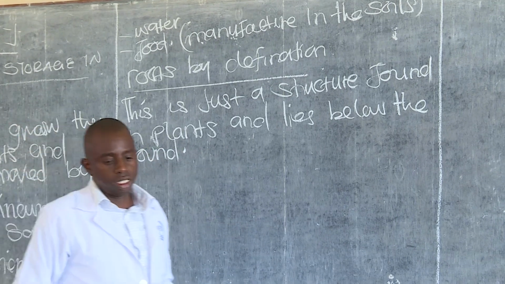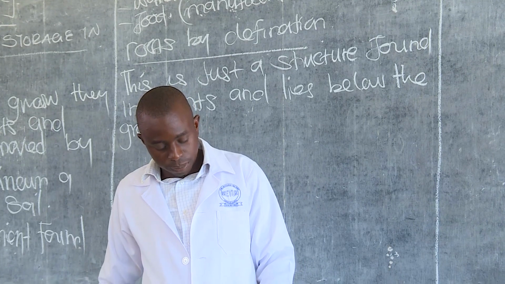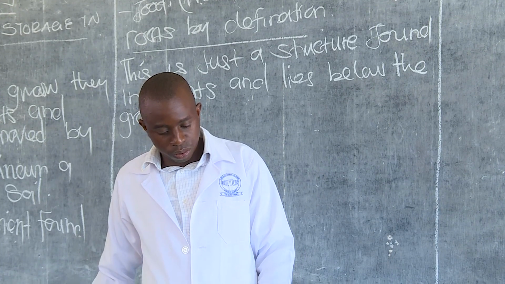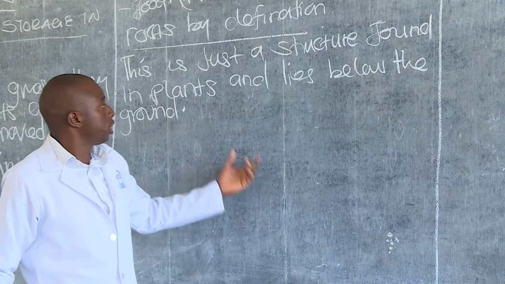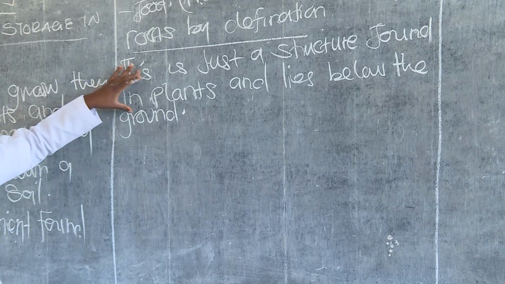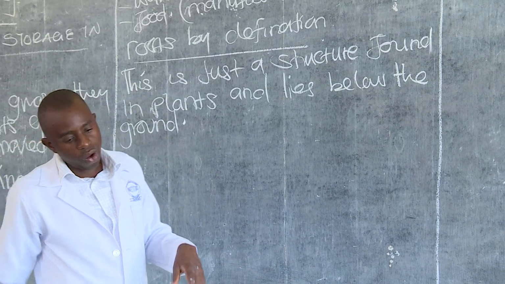You'll find these things in the soils, but on top of that, we also expect this to lie below the ground, meaning that it's supposed to find itself inside the soils as one of the most important functions. Because in the soil, this is where I expect this structure to carry all the necessary nutrients which a plant will require.